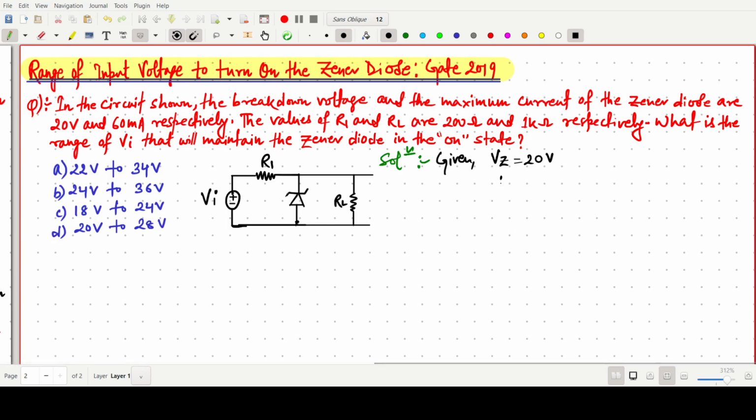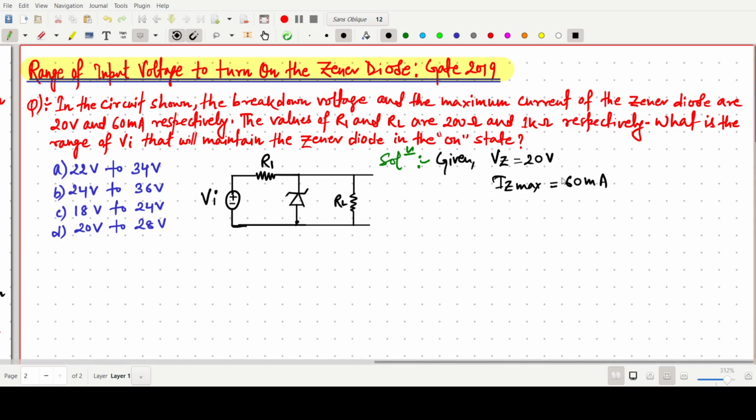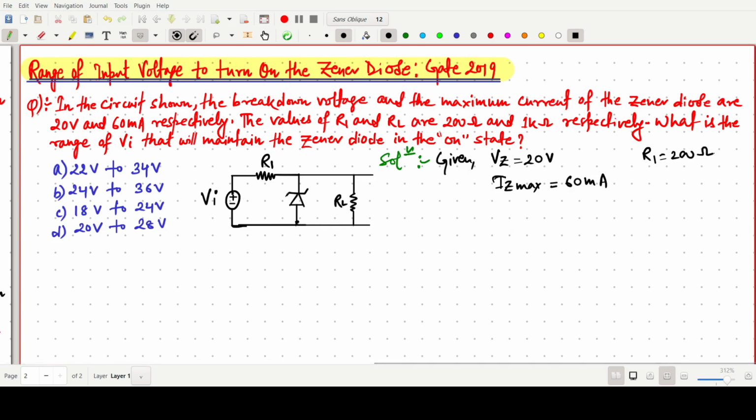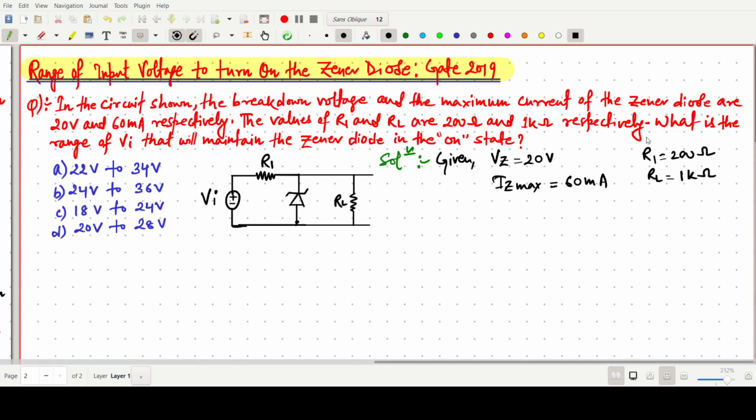The maximum current that will pass through that Zener is 60 milliampere. These two are given, and the value of R1 is given as 200 ohm, and the RL value is given as 1 kilo ohm. So we have to find the range of VI, and this is the circuit.